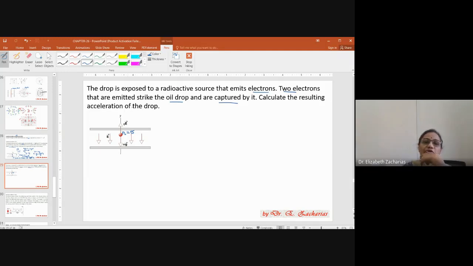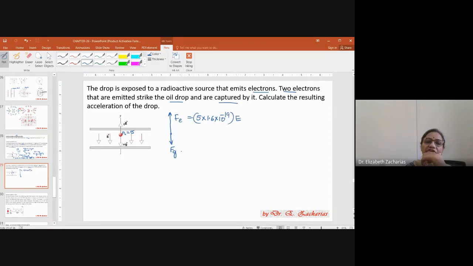So which force will be greater, Fe or Fg? Fe will be greater because it is 5 times 1.6 into 10 to the power of minus 19. That is your Q into E.